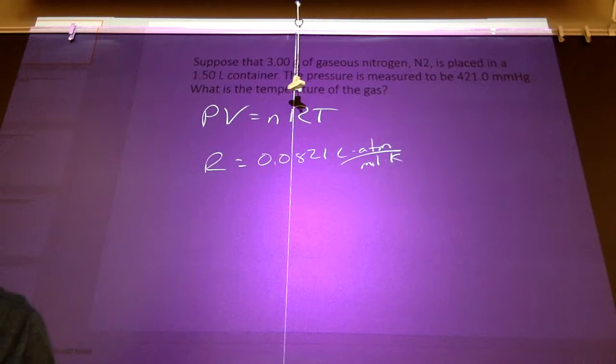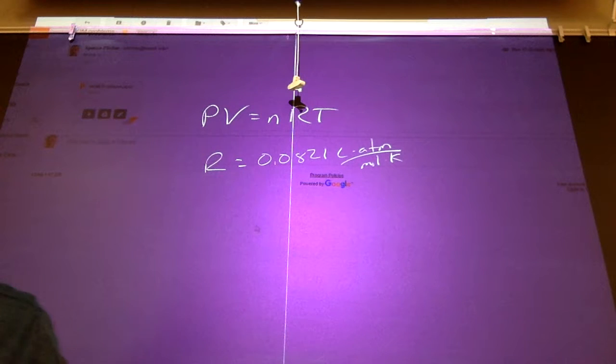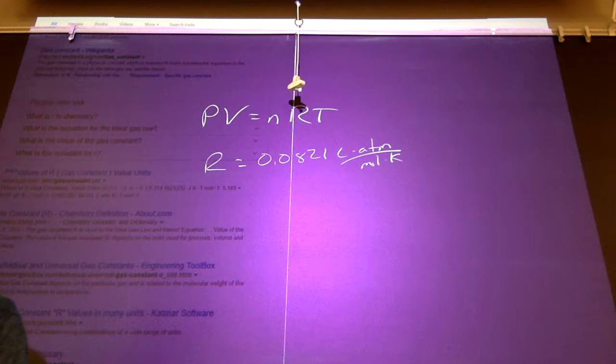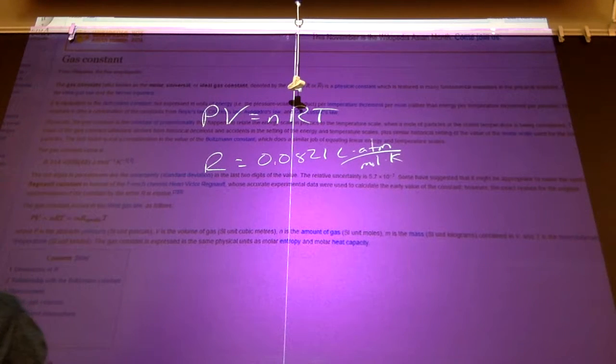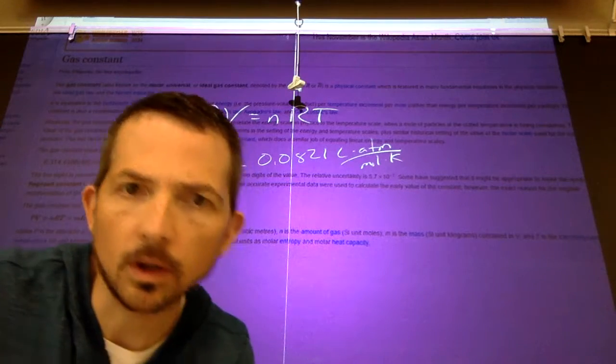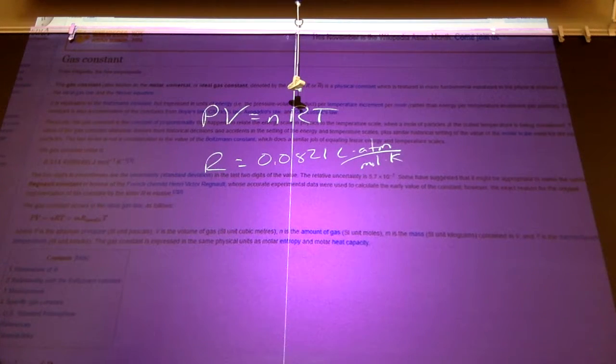You can look up gas constants, and you'll see a lot of different gas constants.